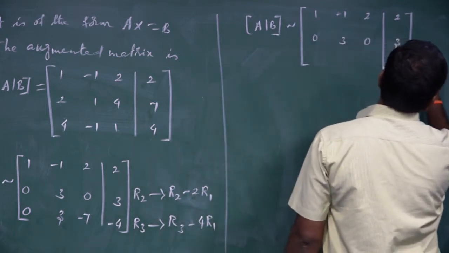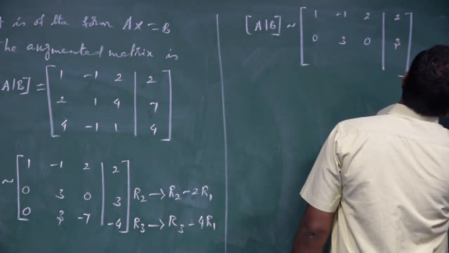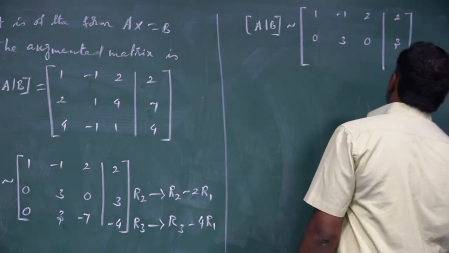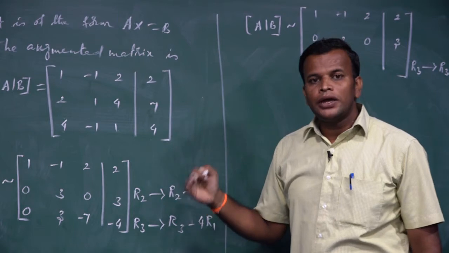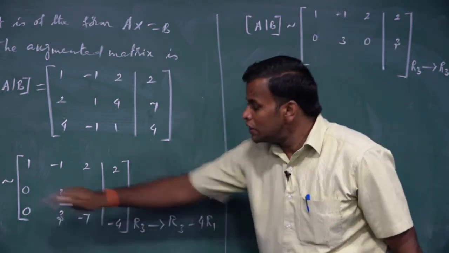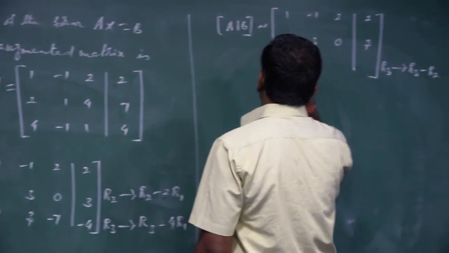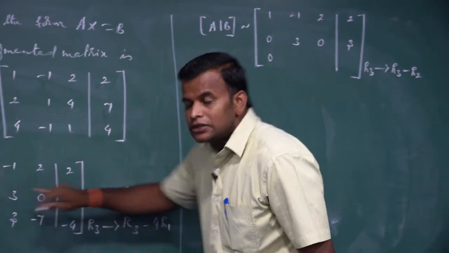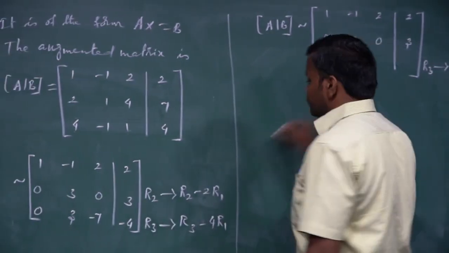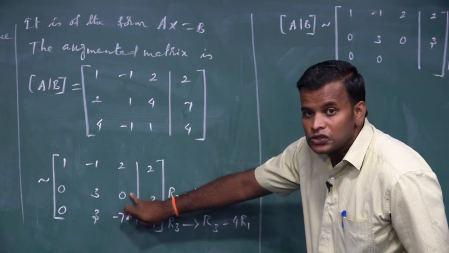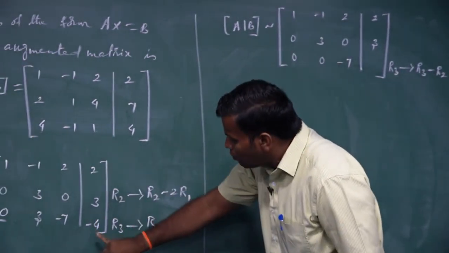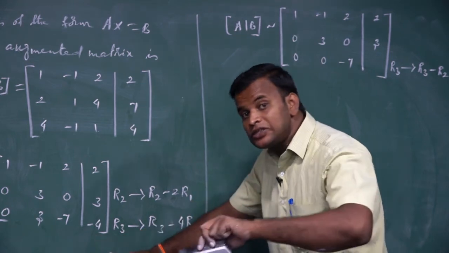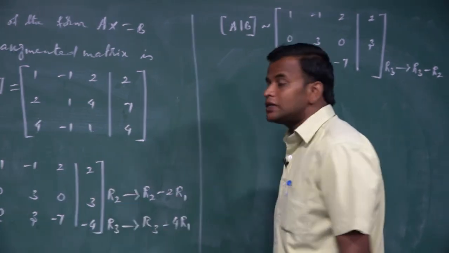We write R3 as R3 minus R2, third row minus second row: 0 minus 0 is 0, 3 minus 3 is 0, minus 7 minus 0 is minus 7, and minus 4 minus 3 is minus 7.